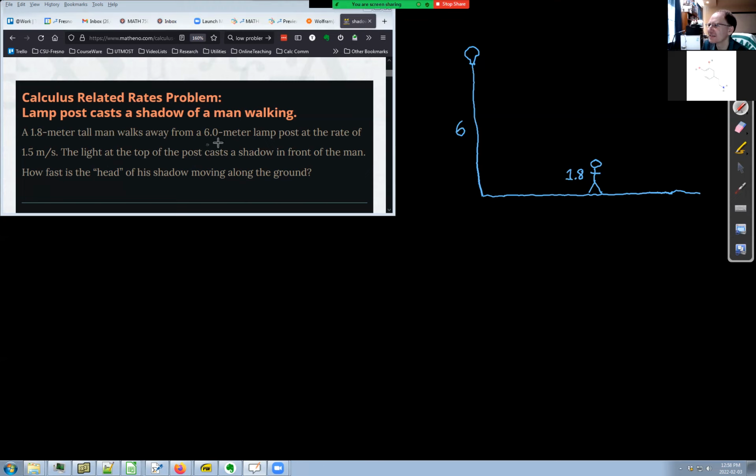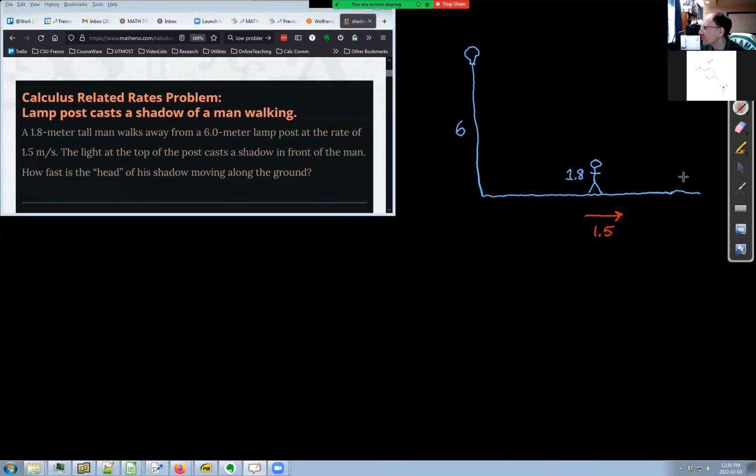It says they're walking away from the lamppost, so I'm going to indicate that with a little direction arrow under the person that says 1.5, because they're walking away at 1.5 meters per second.